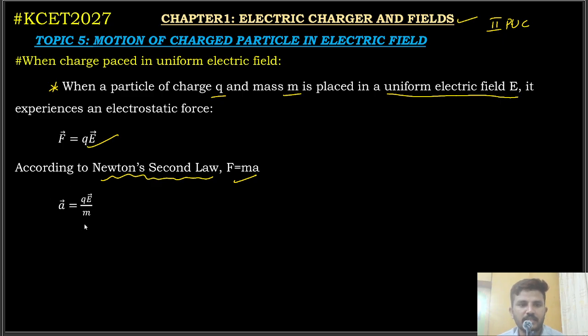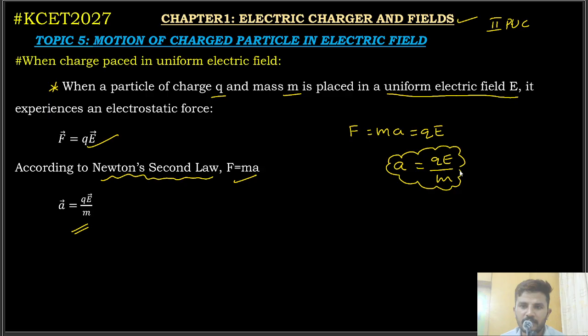So we can write the acceleration produced on the charged particle as qE by m. Why? Because F = ma, and since the charged particle experiences the force qE in the electric field, if I equate, m comes to the denominator. So a = qE by m. This is the acceleration produced by the electric field when charge q is placed in an electric field.